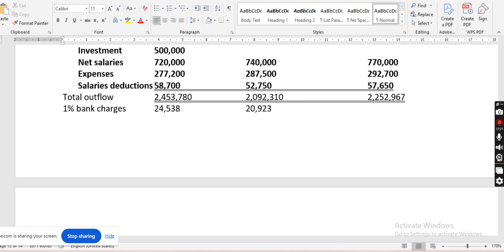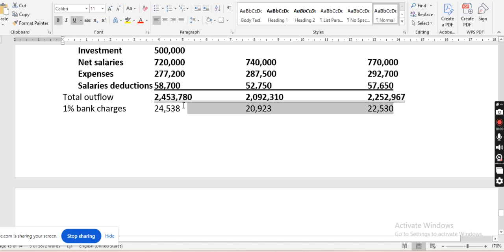Next, 22,530. Okay, that is 1%. That's fine. Now, we move to the bank charges. We copy all this to the bank charges.